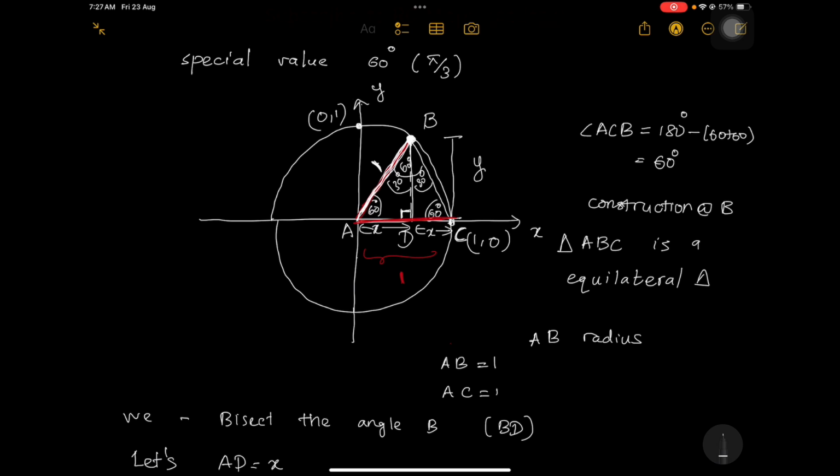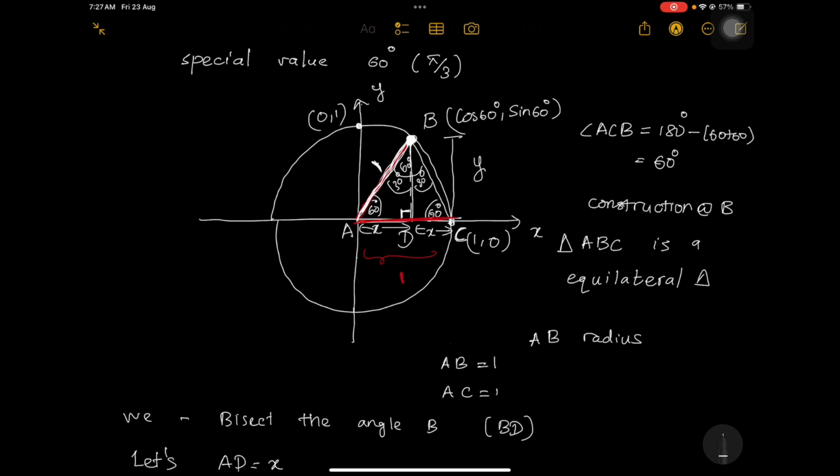The coordinate for this point will be cos t comma sin t, here cos 60 degree comma sin 60 degree.